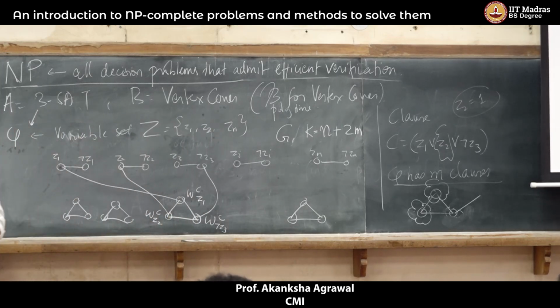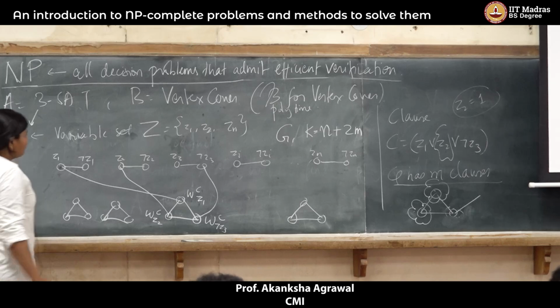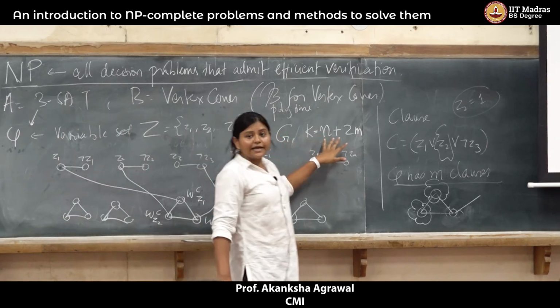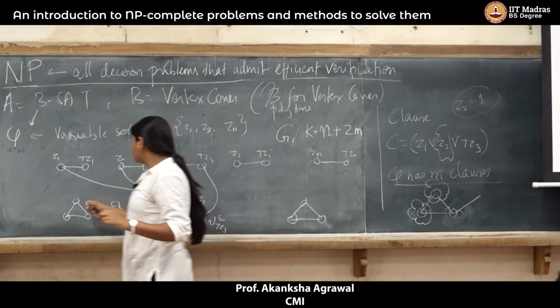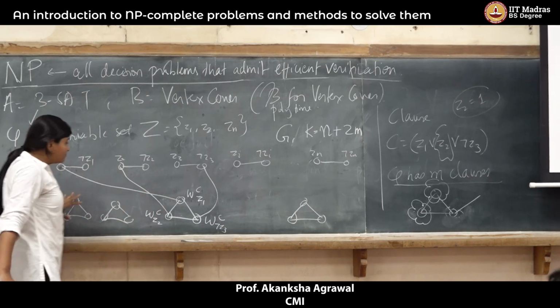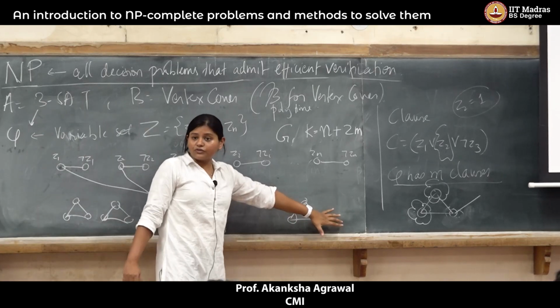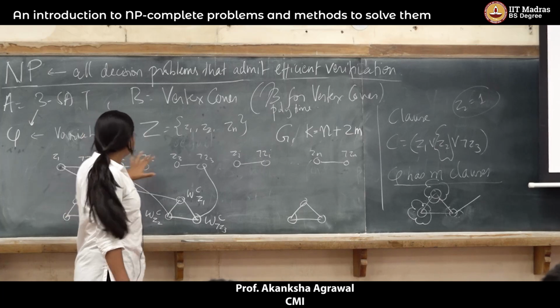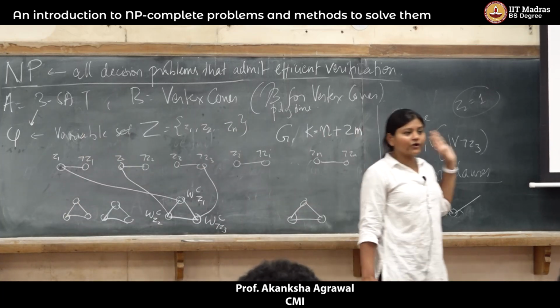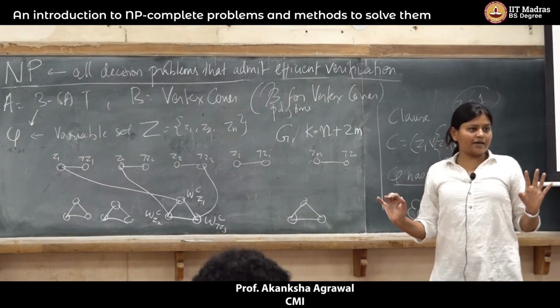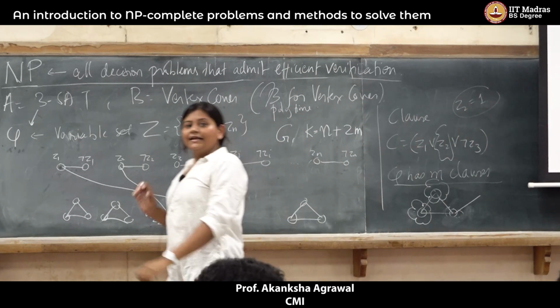So if G has a vertex cover of size this much, it must select exactly 2 from each of the triangles. It must select exactly 1 from each of the edges on the top. That's all the budget it has. Okay, fine. Is the construction clear?